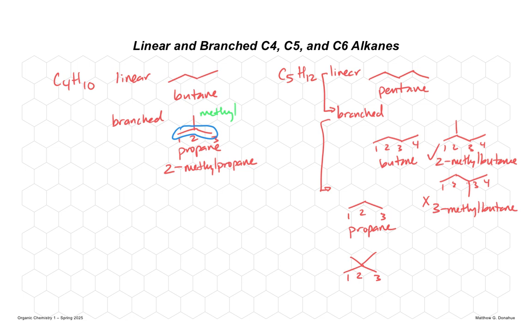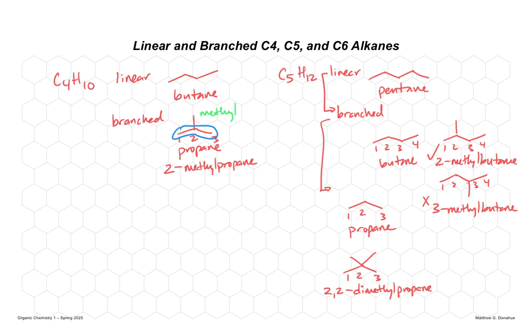And so how do we now identify that? Because carbon 2 has 2 substituents, we say 2,2. They're the same, so we say di. Then the substituent name methyl, and then the parent propane: 2,2-dimethylpropane.